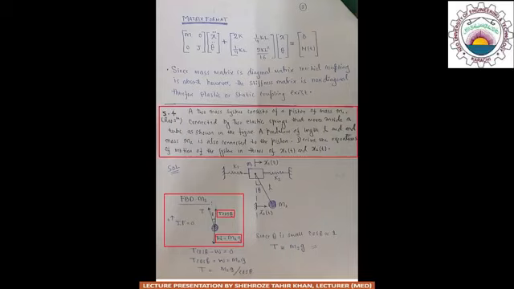Applying the conditions of equilibrium in the vertical direction, summation F is equal to 0, and it should be noted that here we are taking all the vertical forces in the upward direction as positive.